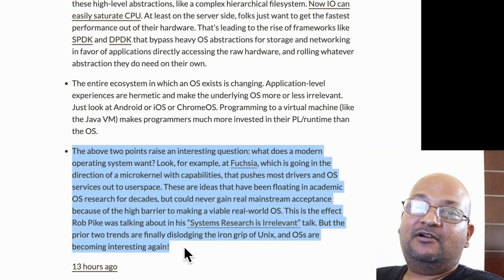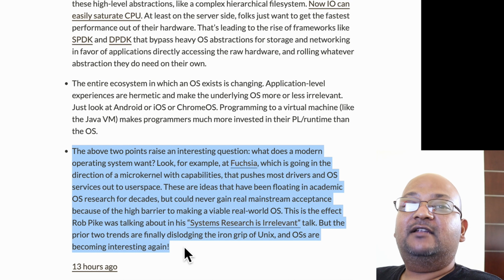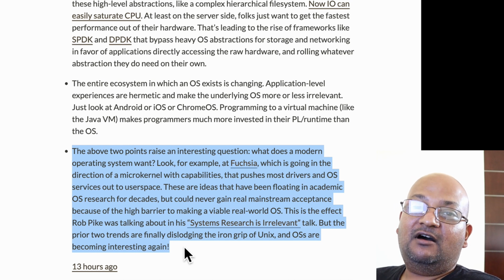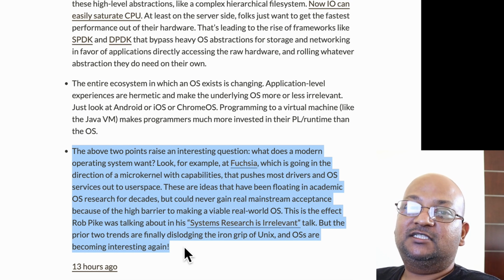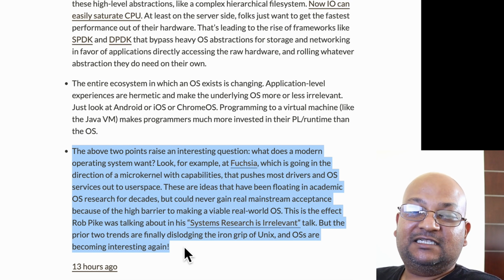But all these trends, I think, are finally beginning to dislodge the dominance of Unix, and people are finally again beginning to consider different trade-offs in terms of abstractions and the costs of those abstractions and how those abstractions are exposed to applications and so on. So operating systems are becoming interesting again.